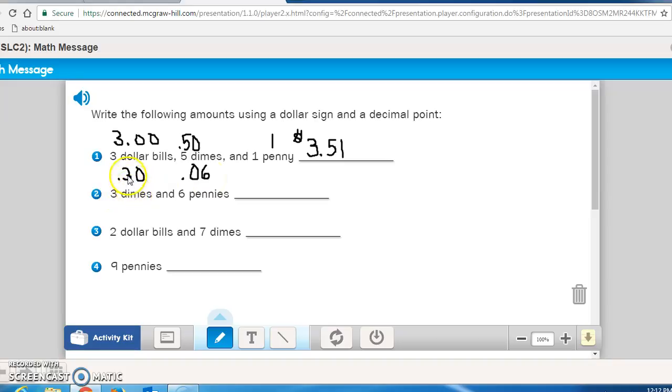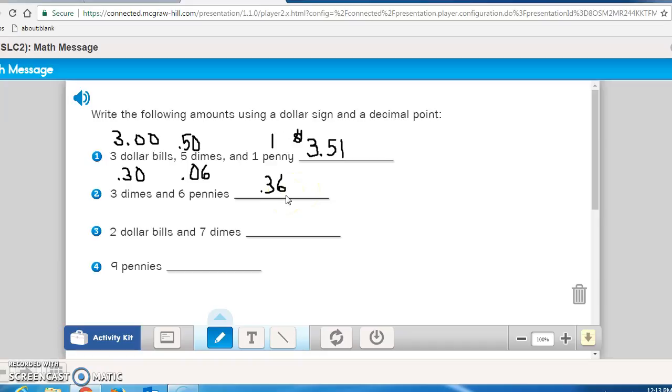So the dimes is in the tenths place, and the pennies is in the hundredths place, because it takes 100 pennies to make a dollar. So how would I write that? I would have a total of 36 cents, or 0.36.